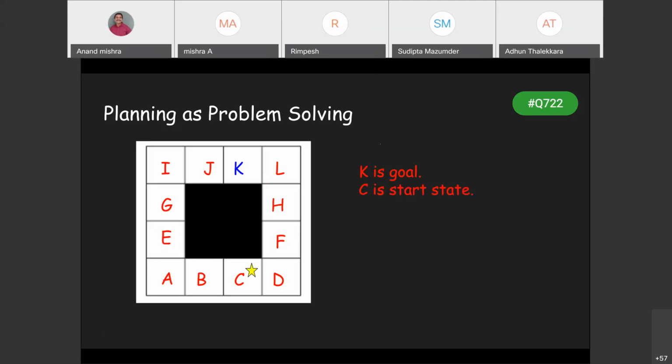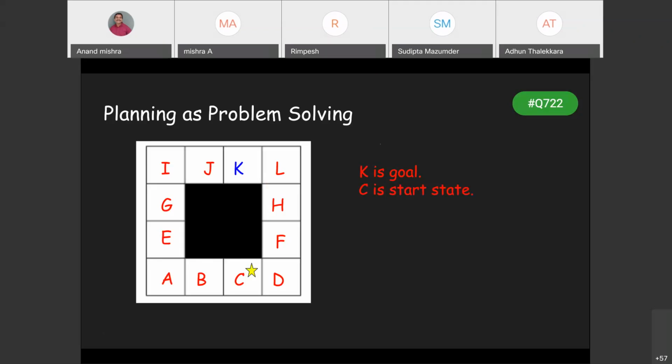So you can have different start locations. Let's assume that my start state is, sorry, C. So my start state is C. Now my goal is to reach K. How will I reach it? I'll have to apply certain operations, like you can easily see here.